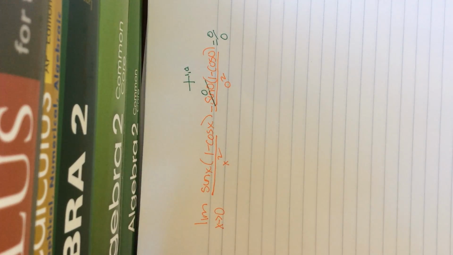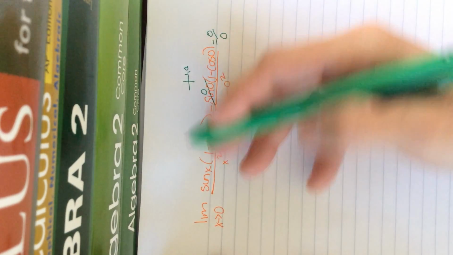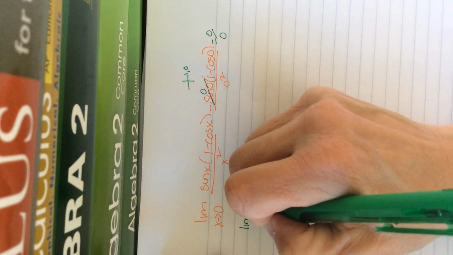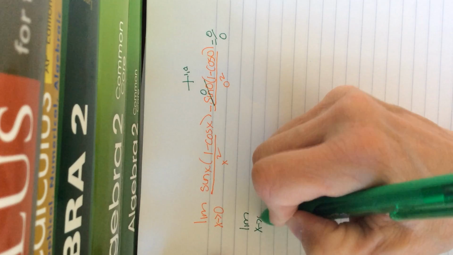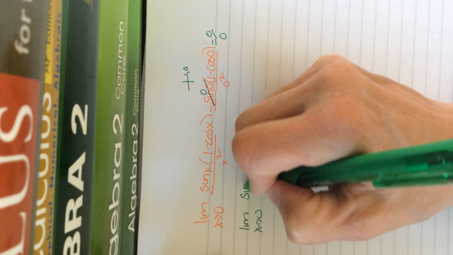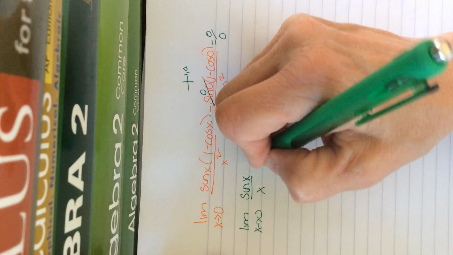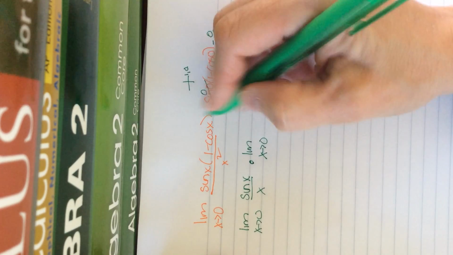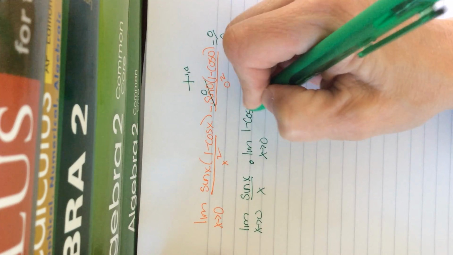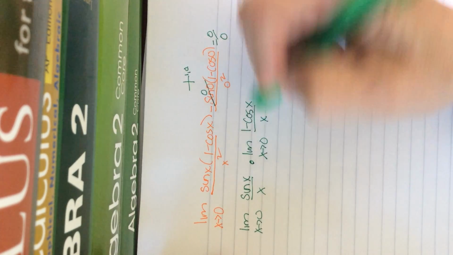So what if I were to actually separate this? I can rewrite this as the limit as x approaches 0 of sine of x over x times the limit as x approaches 0 of 1 minus cosine of x over x.